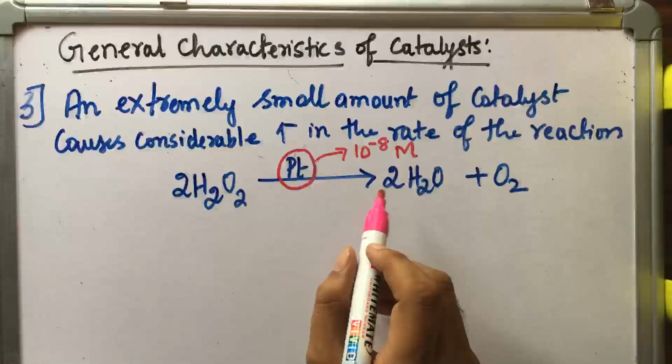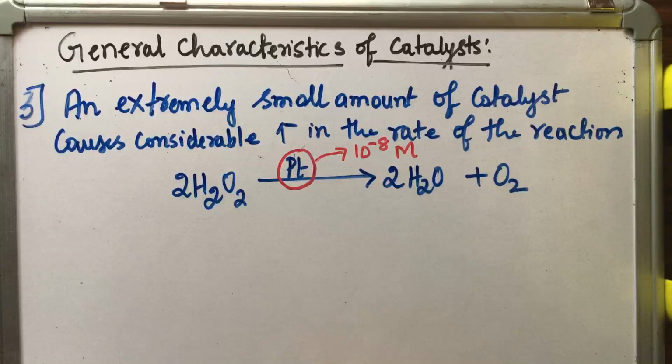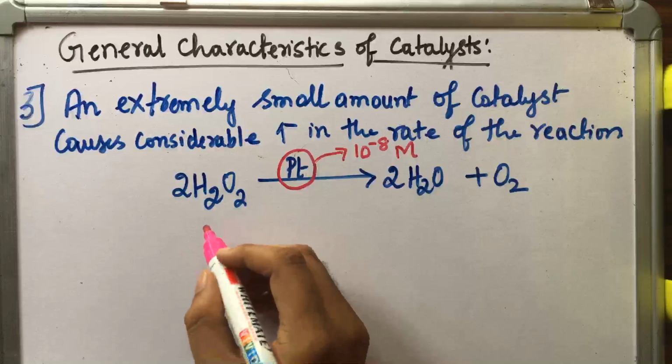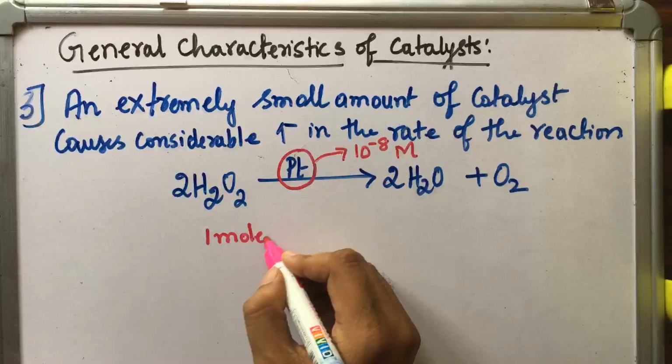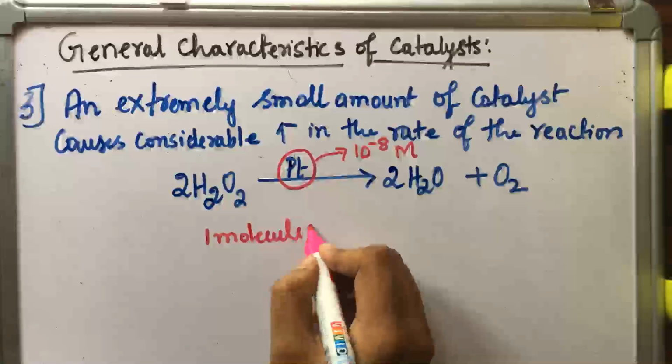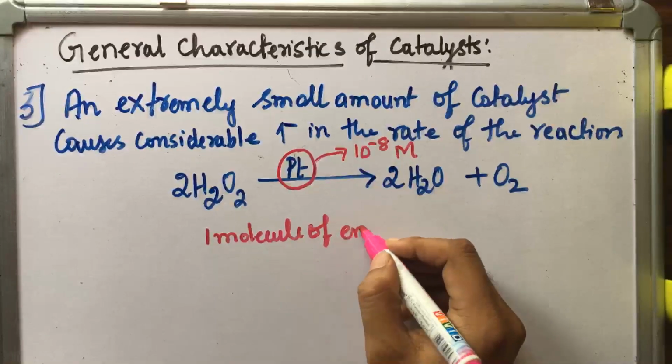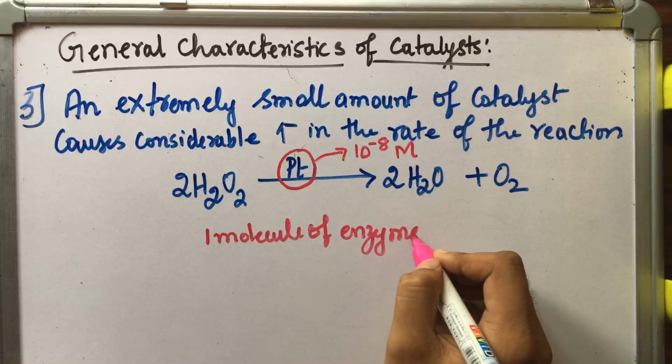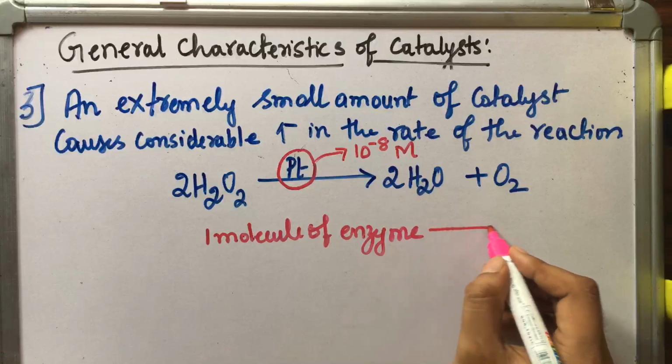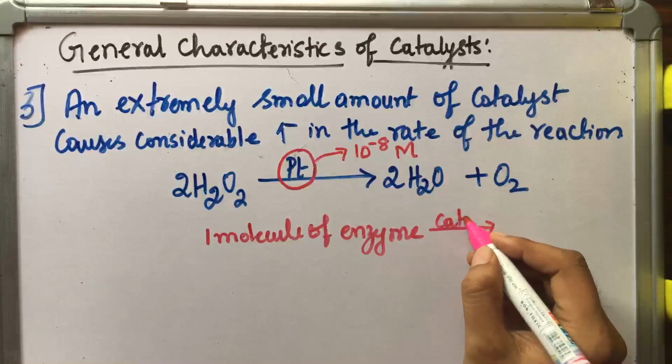Another important statement, so if you are a biology student, you can understand better. One molecule of enzyme catalyzes, under certain conditions, the decomposition of nearly 5 million molecules of hydrogen peroxide in 1 minute.